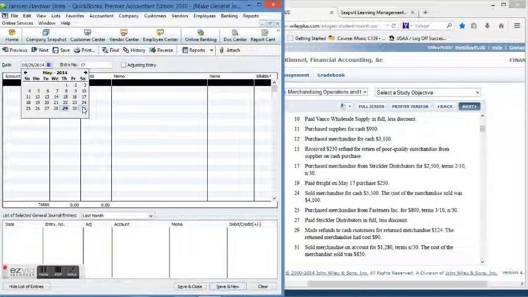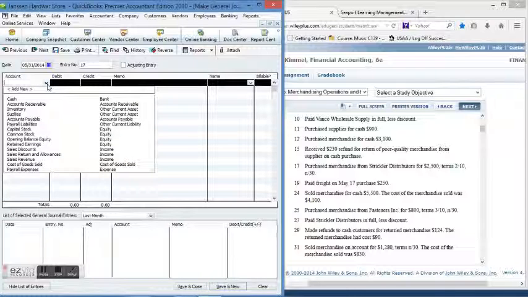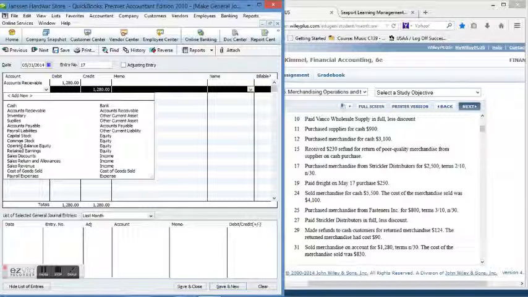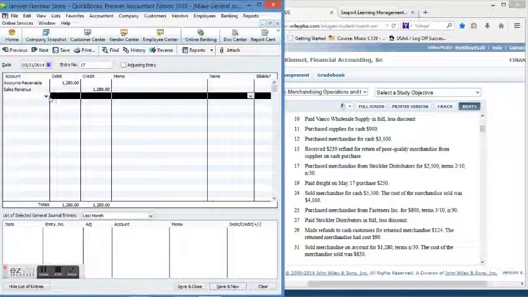Alright, let's do our final entry, May 31st. Sold merchandise on account for $1,280. Terms is just net 30, which means there's no discount. It means they just owe us the money 30 days after this point. Sales revenue, 1280.